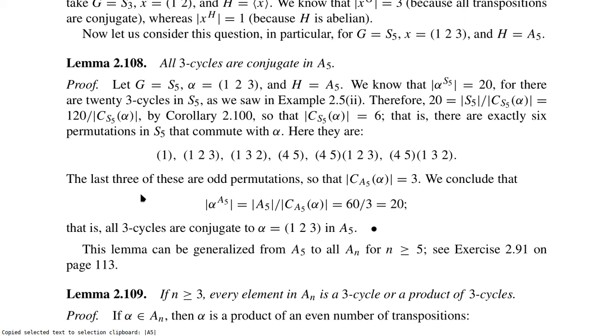So now those are all the 3 cycles that are conjugate with respect to alpha in A5, right? And these are all the 3 cycles there, because we saw that the conjugacy class of alpha in S5 was 20 as well, so this is just the same.